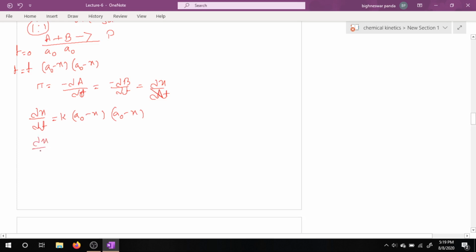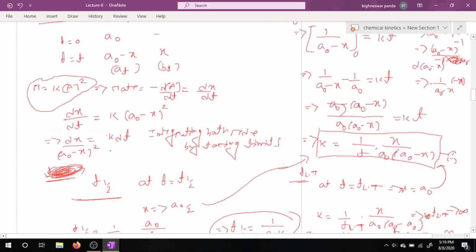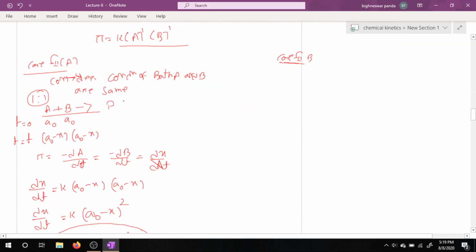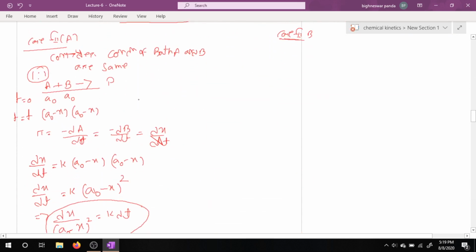So dx by dt is equal to k into A naught minus x whole squared, or dx by (A naught minus x) squared equal to k dt. This is the same type of derivation that we have already done in case 1. So this is subcase 2a, where the concentrations of both A and B are the same.